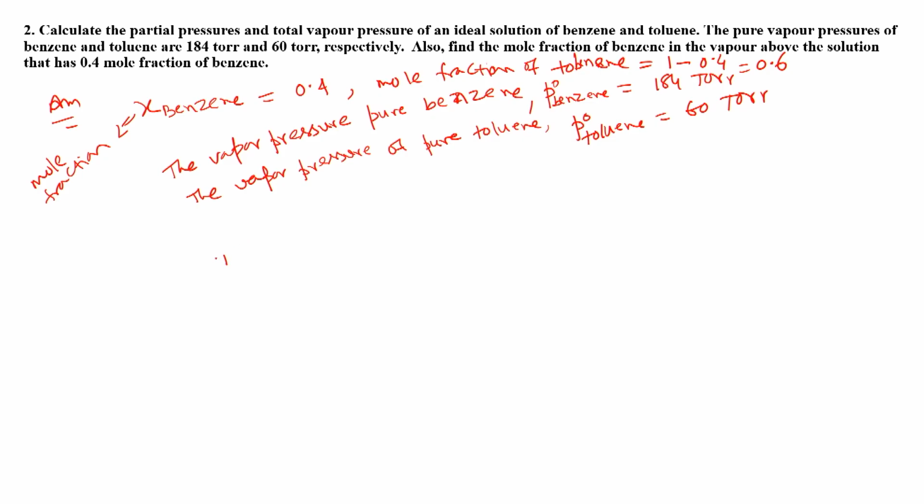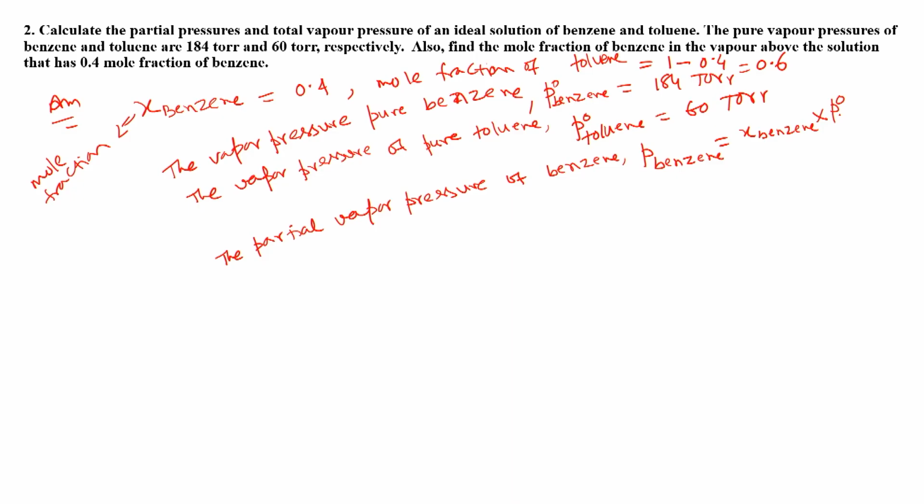The partial vapor pressure of benzene, P benzene, is X benzene times P naught benzene.